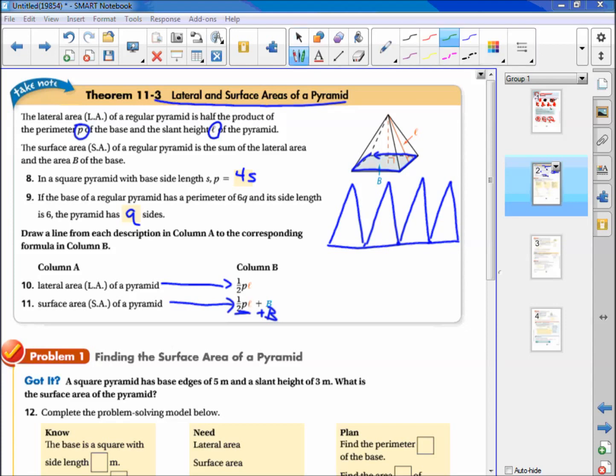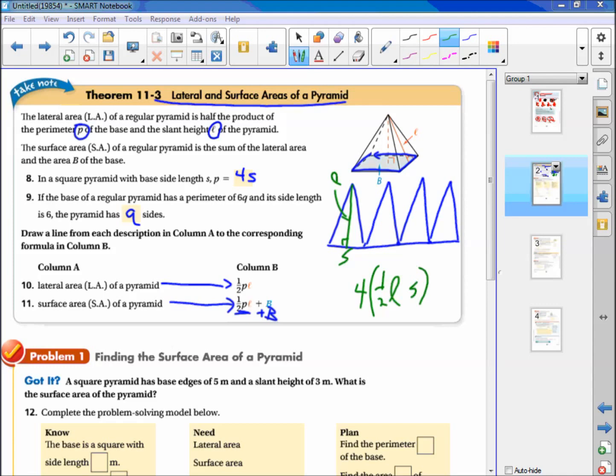So what's the height of one of these triangles? Well, the height of one of these triangles is the slant height. So what we have are 4 triangles, and each one has the same slant height. Let's do it this way: we have 4 triangles, and the formula of a triangle is 1/2 times the slant height times one of our sides.